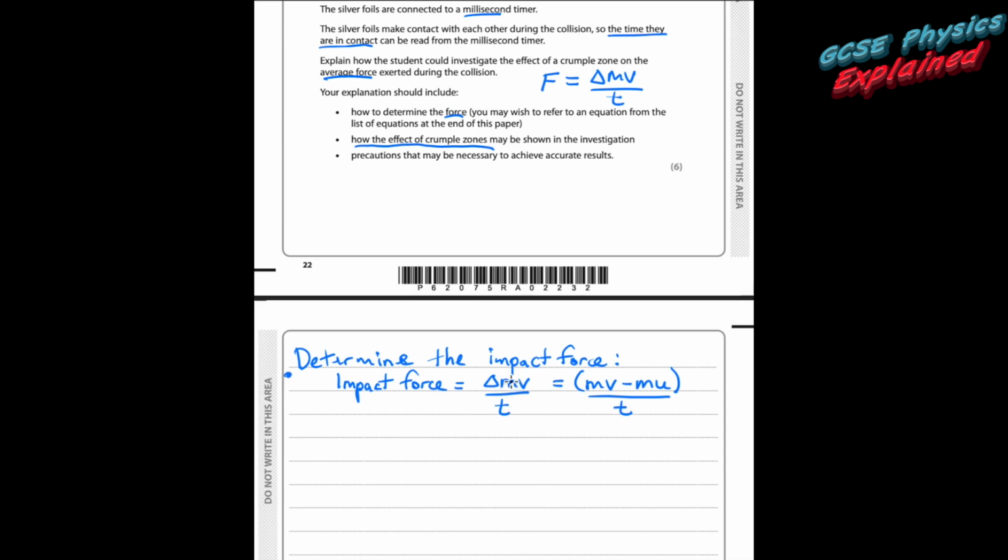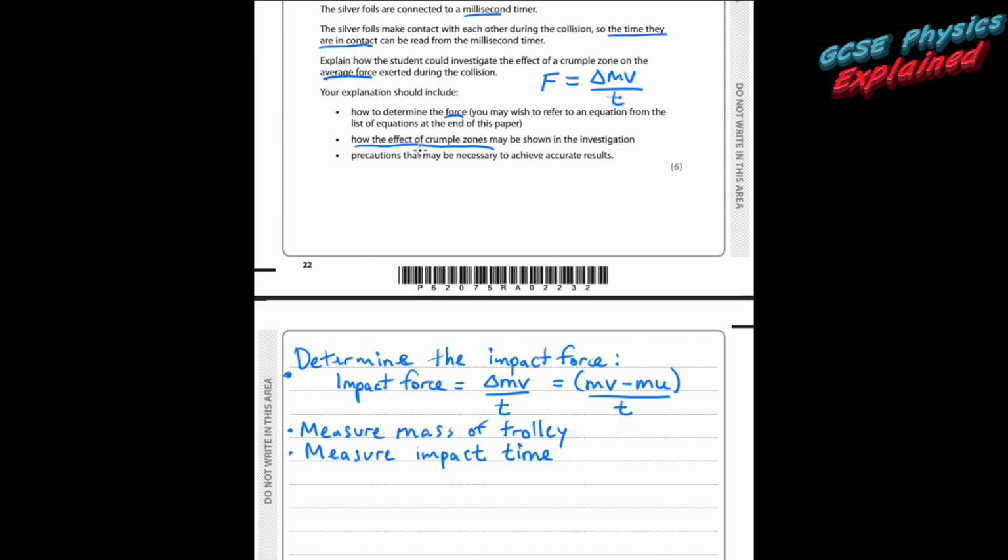Now we're going to need to measure the mass of the trolley, and we're going to need to measure the impact time. As I say to my students, base your explanation on the calculation and it'll make things easy.